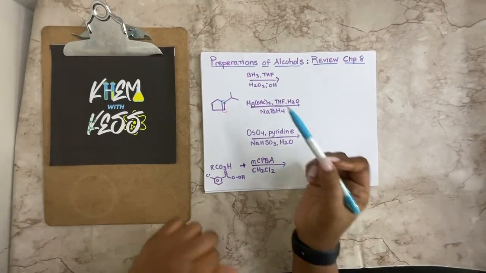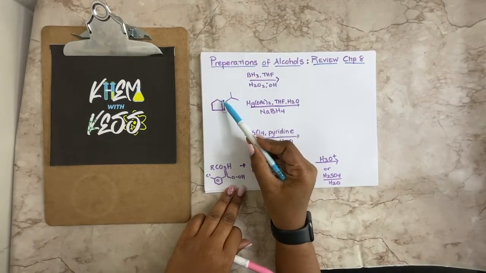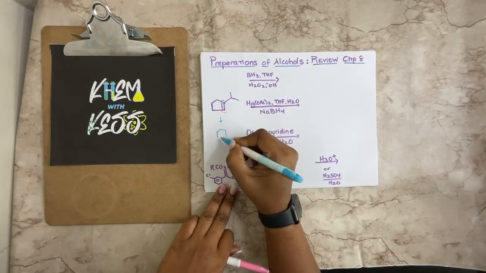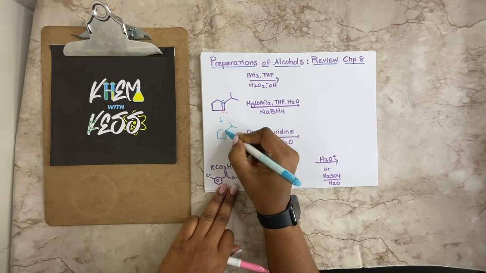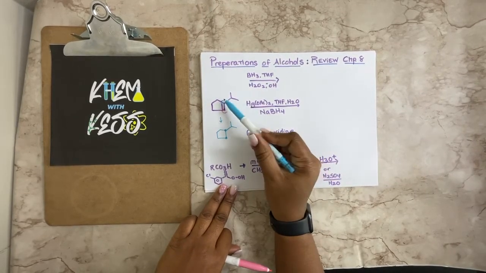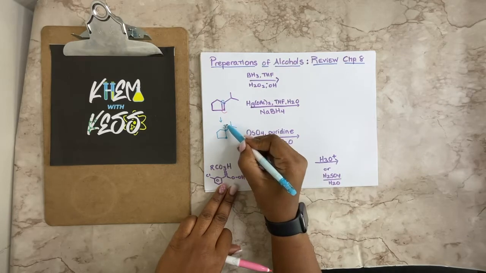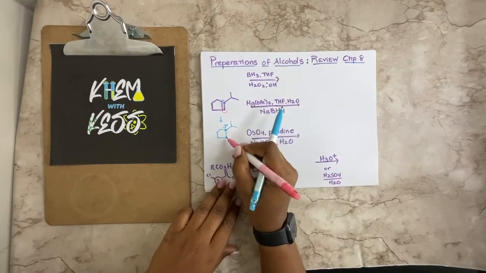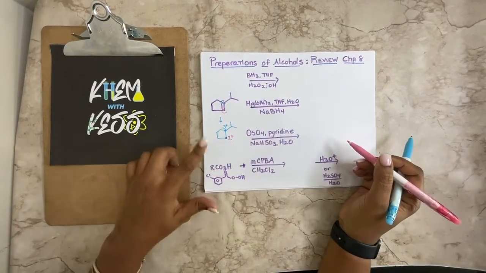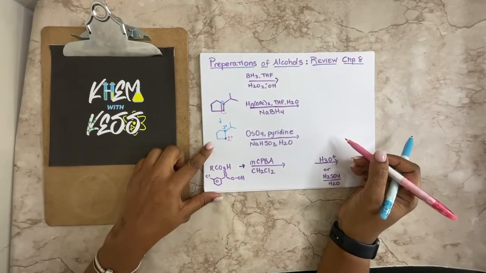So if we pretend as if this double bond isn't there, we would say that this picture looks like this. And if I ask you to assign these carbons, the top one that was blue would be tertiary, and the bottom one that was in pink would be secondary. That may prove helpful later on.